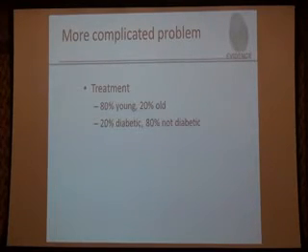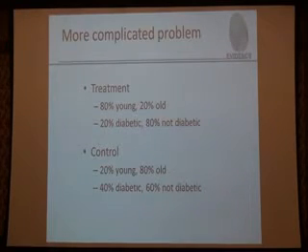I might have young and old, diabetic and non-diabetic. And in a control group, I can have the reverse, both for young and old and for diabetes. Of course, if you are so unlucky, you'd better choose another job. You stop randomizing patients and you leave someone else to do the randomization. But if you really want to continue, you have to stratify.